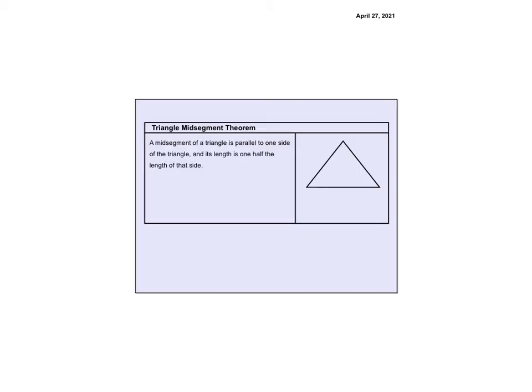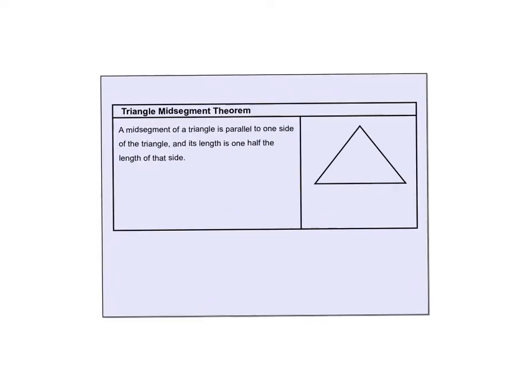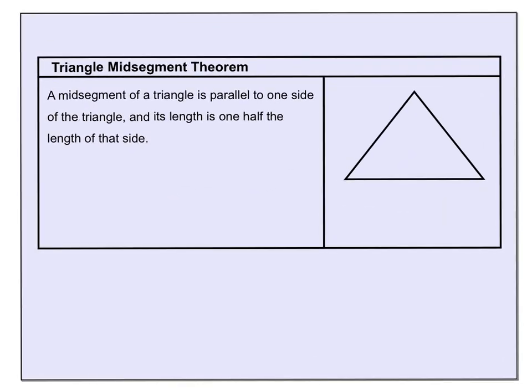So, the mid-segment theorem. If I have a mid-segment of a triangle, it's parallel to one side, and its length is 1/2 of the length of that side. So I've got a mid-segment here, and that's a mid-segment there as well, so we connect these two. This is quite obviously parallel to the bottom.